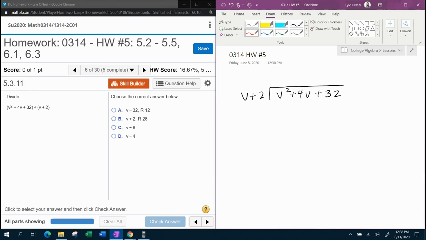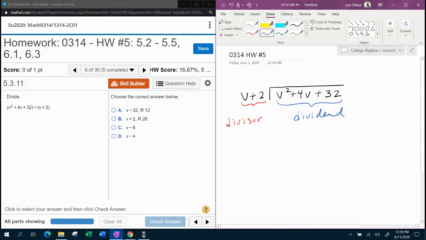It starts with this first. We're going to take this term and divide it by this term, okay? So that you understand some terminology here, this guy is the divisor and this guy is the dividend.